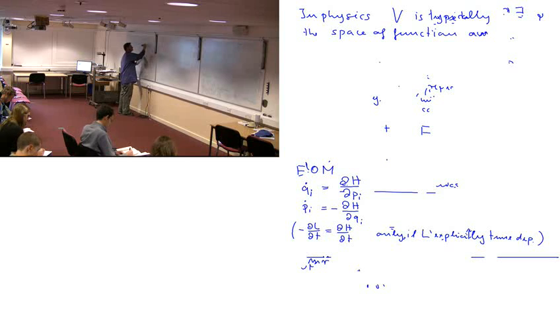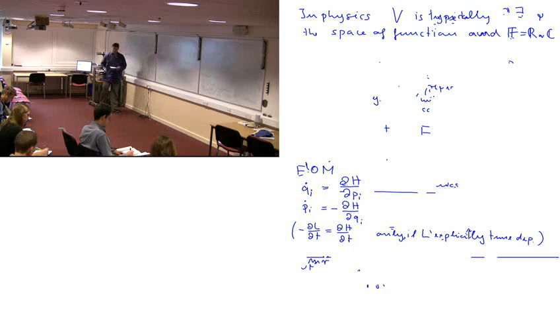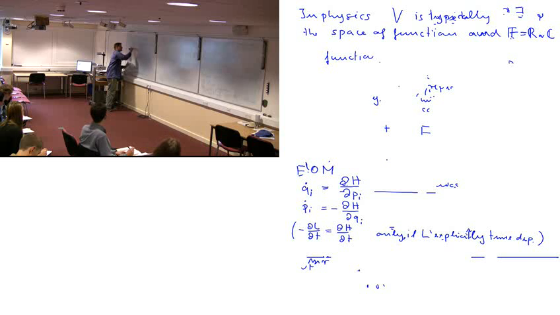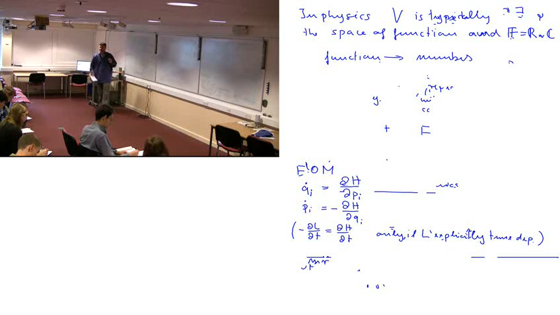And the field is typically R or the complex numbers. So the important point is functions are typically mapped onto numbers. And that's exactly what we had in our action functional.